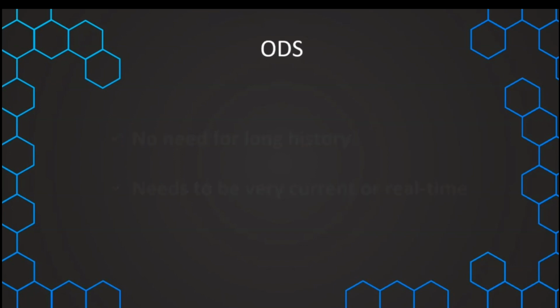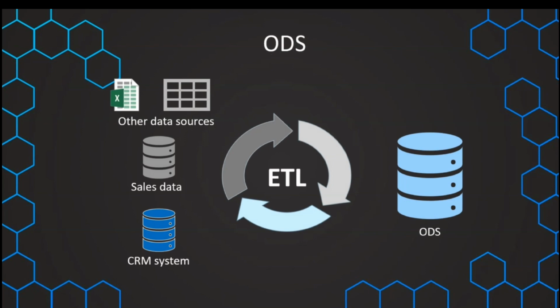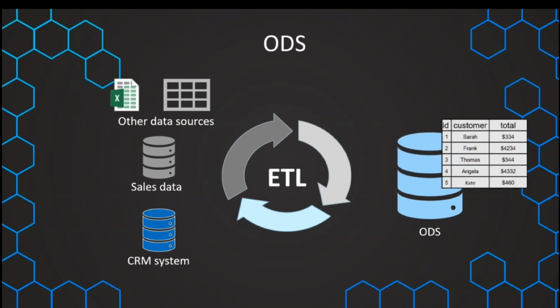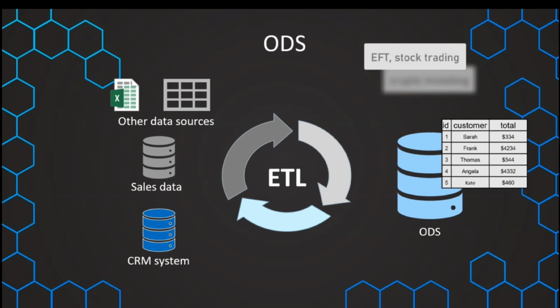So let's have a look at a practical example. An ODS could be, for example, needed in the following case. Assume you are working in a financial service company, and in this financial service company, your customers can do different things. They can invest in ETFs, they can invest in stocks, in cryptocurrencies, they can have an account balance, and we need to find out from those different systems.